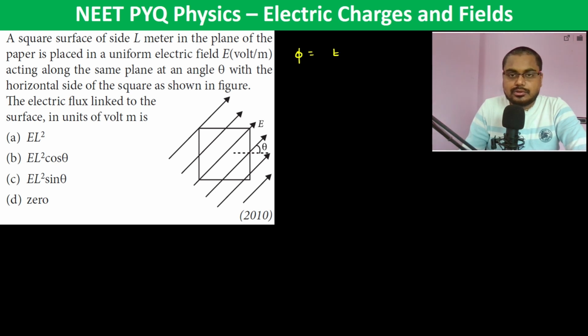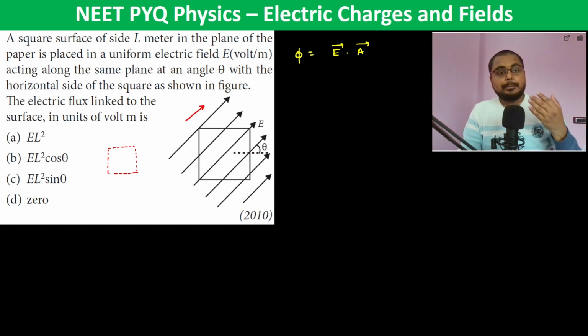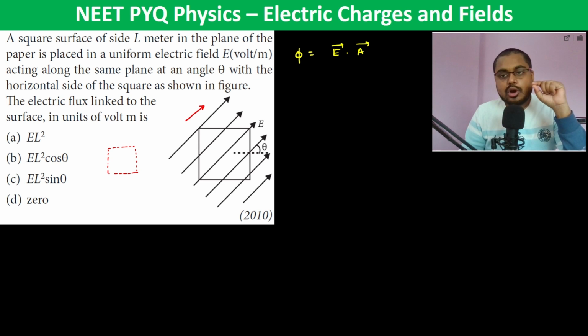Phi is equal to E dot A. Now the electric field is in this direction. What is the direction of A? That's important. Whatever area we take, the area vector is perpendicular to the plane of the area.